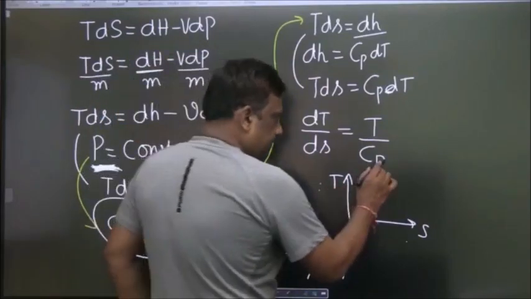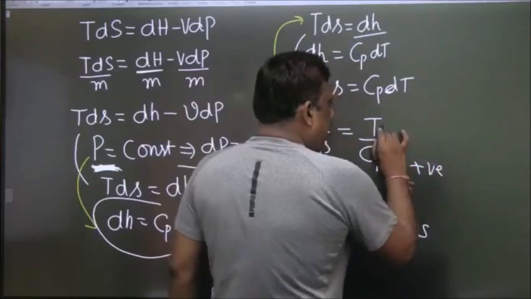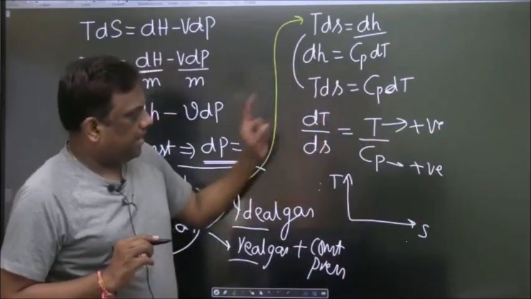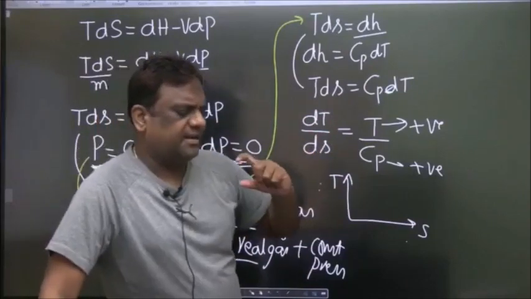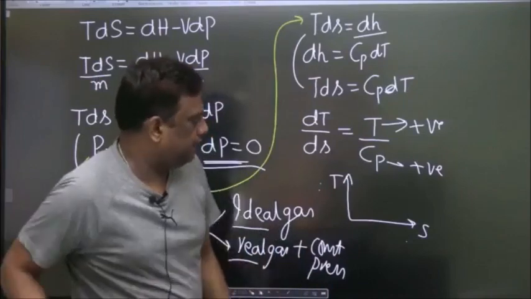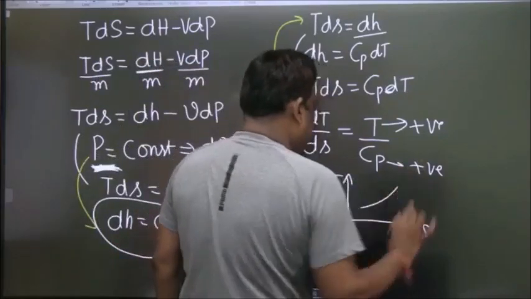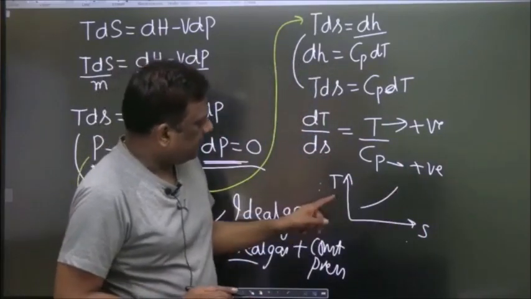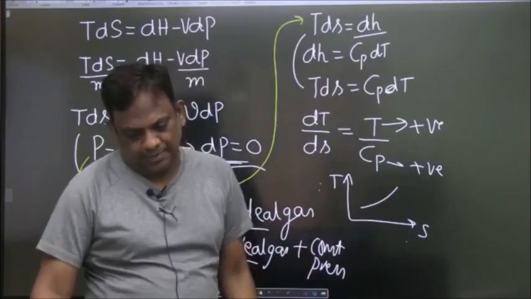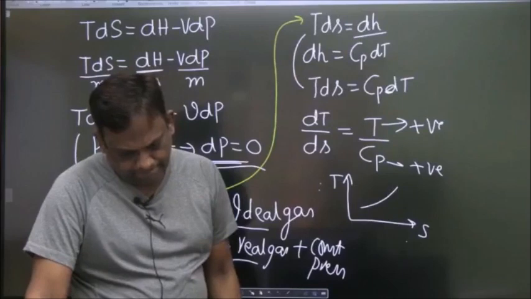Everyone knows Cp is positive, and absolute temperature T is always positive. It cannot be negative. So again, the slope of constant pressure lines on a Ts diagram is positive. So if you plot this, you have something like this, because when T is increasing, the entropy is also increasing. It is a positive slope.